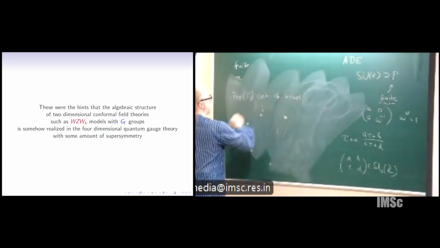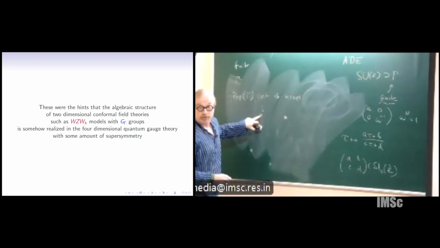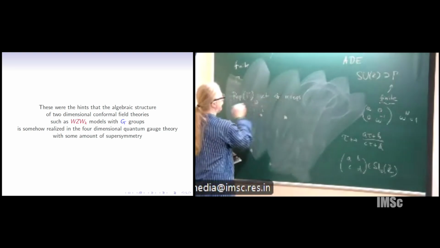So I'm going to build a graph. Each vertex would be an element of this set of irreducible representations, and then you do the following operation.